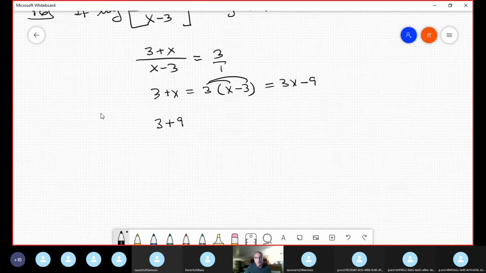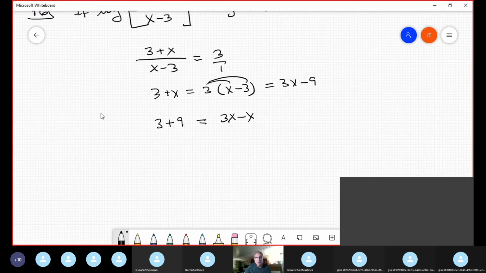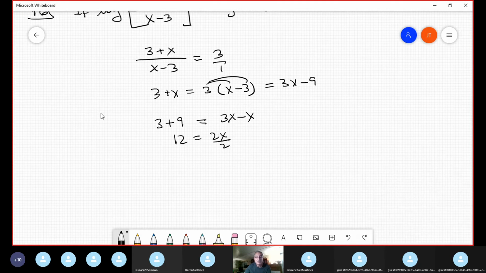I move to the right, to the left. 3x stays minus x. Is 6. You're right. Super. So this is 12. This is 2x divided by 2. Is 6. Super. Do I need to check it or not? No checking, or we have to check it.